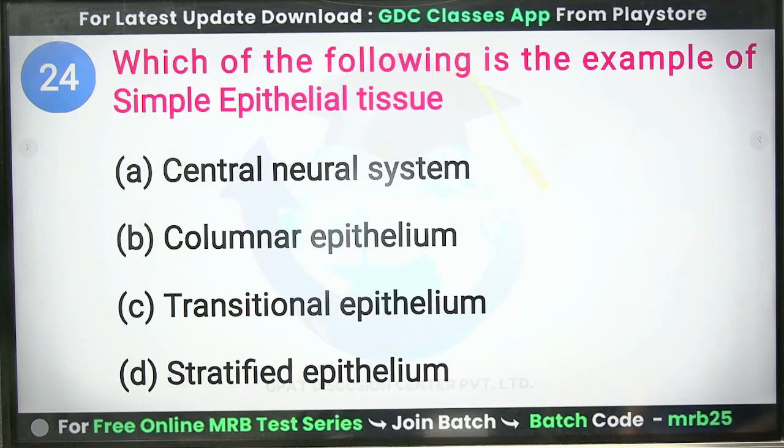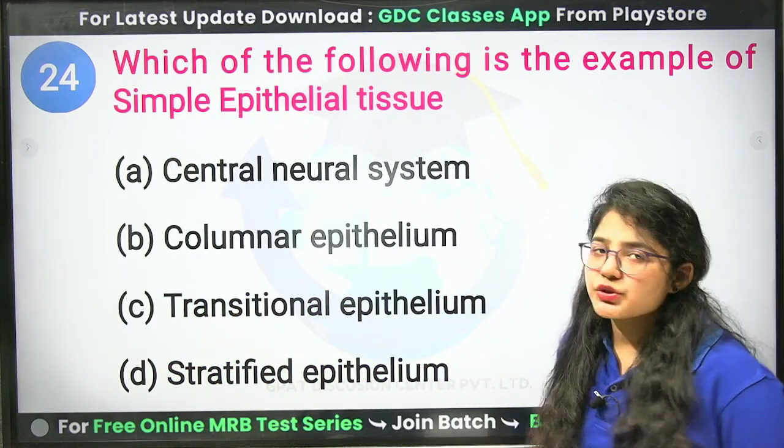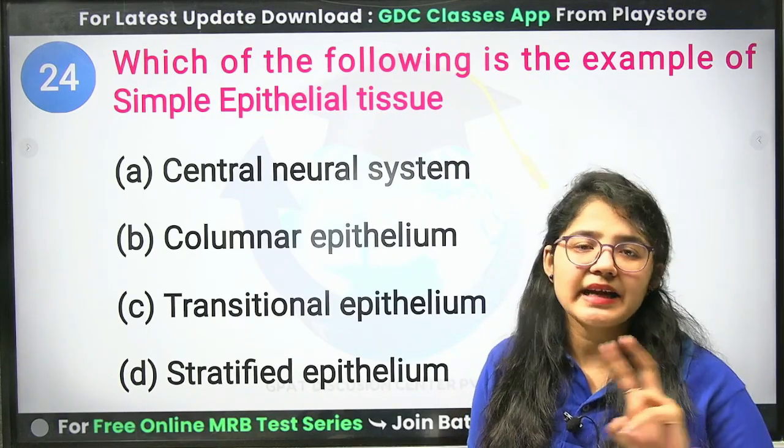Next question. Which of the following is the example of simple epithelial tissues? Okay, there are two types of epithelial tissues. One is simple, second is compound.